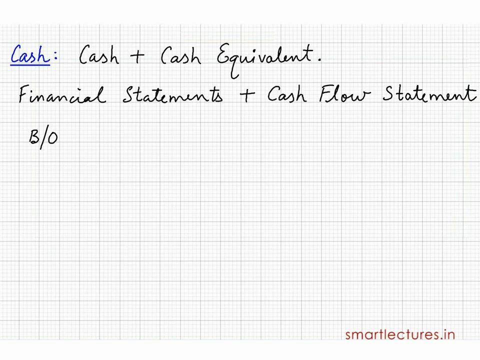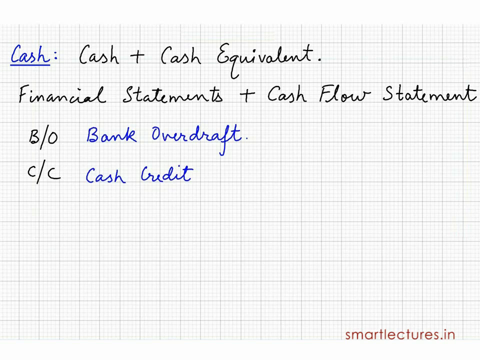Here I would like to explain you one more term. Maybe you are aware, you will find it B/O or C/C. It means bank overdraft or cash credit. These are just like negative cash balances.